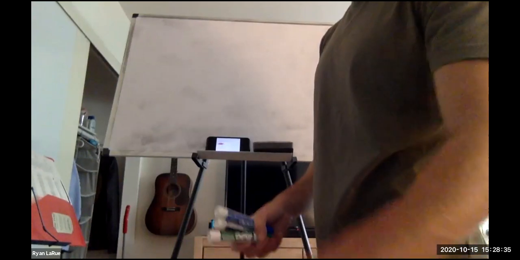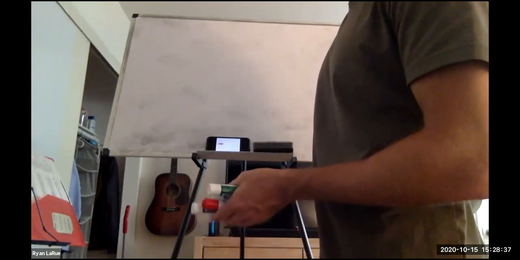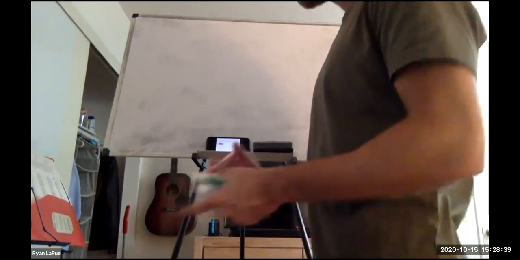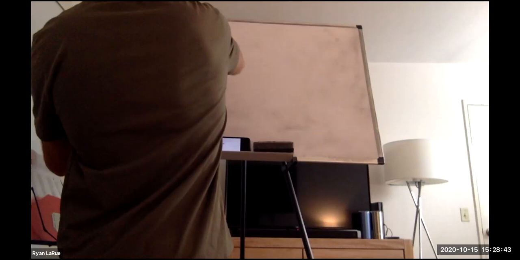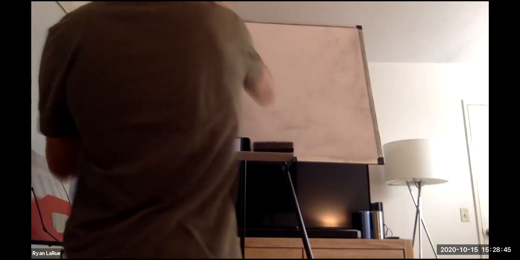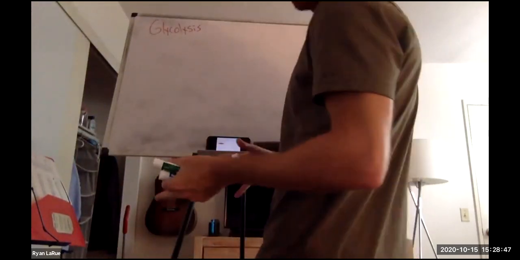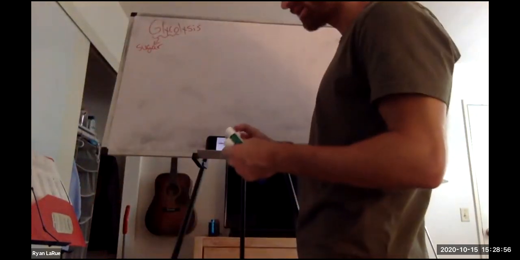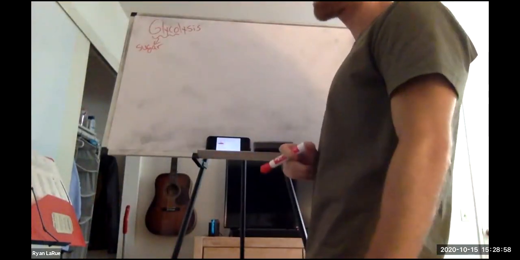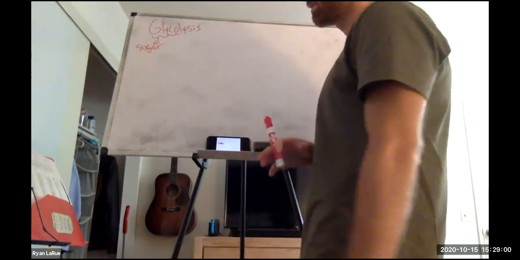But before we even begin the process, let's break down the word glycolysis. Glyco refers to sugar, kind of like glycogen. We learned that was the polysaccharide that we store in muscle and liver.